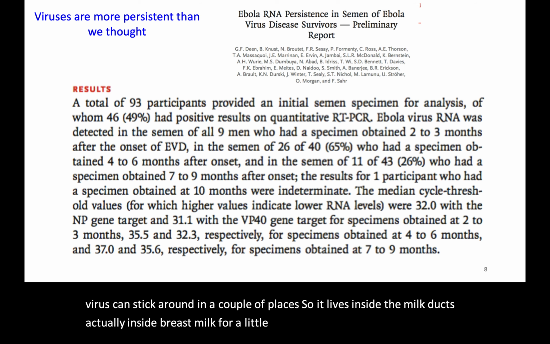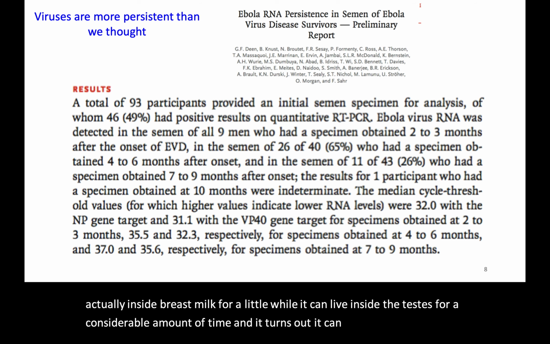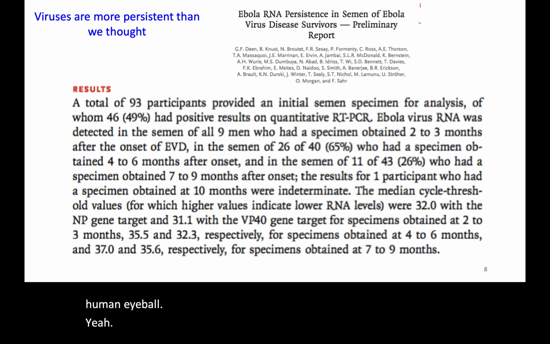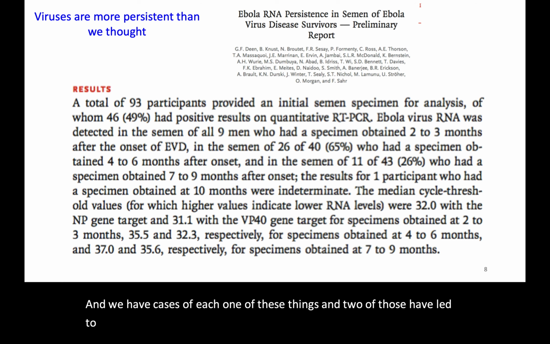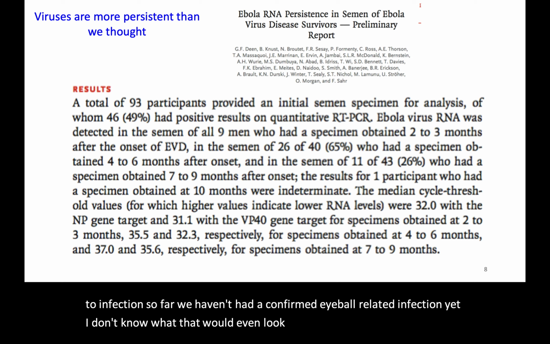It can live inside the testes for a considerable amount of time. And it turns out it can also live inside the human eyeball. Yeah. And we have cases of each one of these things. And yeah, 2 of those have led to infection. So far, we haven't had a confirmed eyeball related infection yet. I don't know what that would even look like, but theoretically possible.